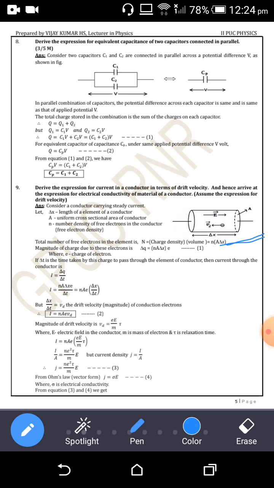So the next is the magnitude of charge due to these electrons. Okay, charge is nothing but delta q, that is, q is equal to nA delta x into e. So in order to calculate the magnitude of all the charges present, we take this equation multiplied with e.